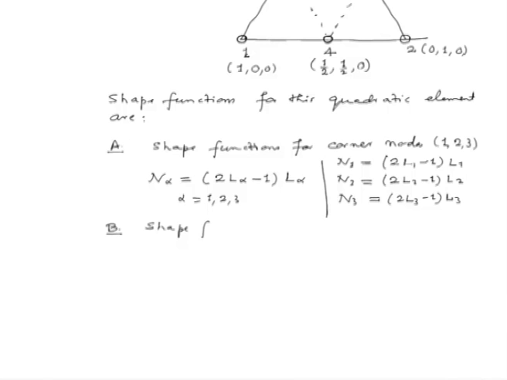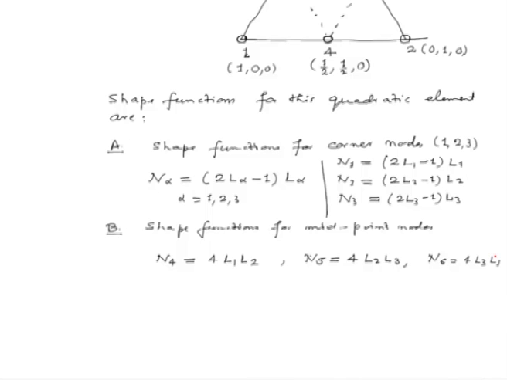Shape functions for midpoint nodes: N4 is given as 4 times L1 L2, N5 is 4 times L2 L3, and N6 is 4 times L3 L1.